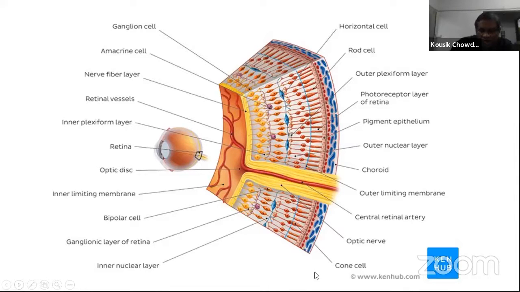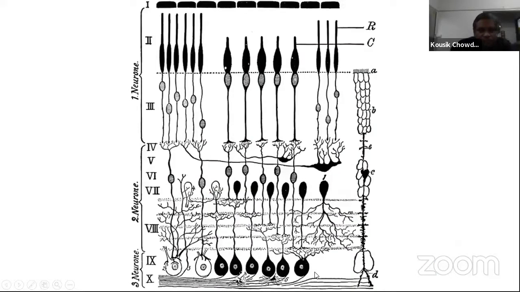We are coming again. This is the drawing of the retinal structures. We are showing it from outer to inwards. The upper side is outwards and here inwards, layer by layer.